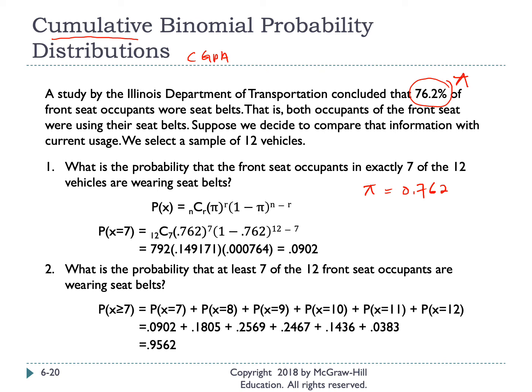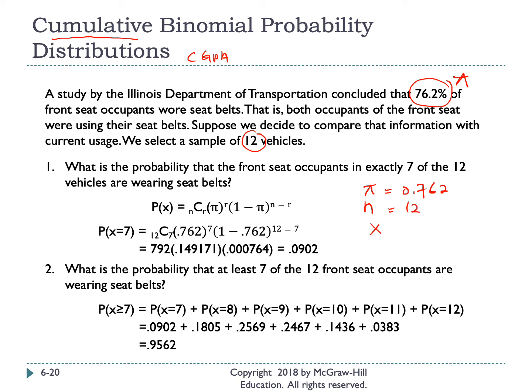It concluded that 76.2% of the front seat occupants wore seat belts. Suppose we decide to compare that information with the current usage, so we have selected a sample of 12 vehicles. What is this 12? You have n equals 12.